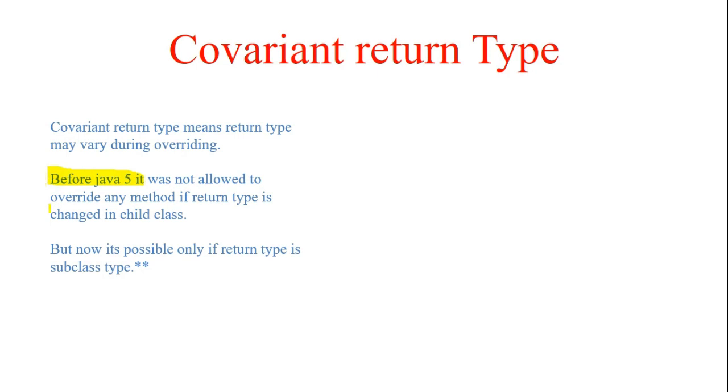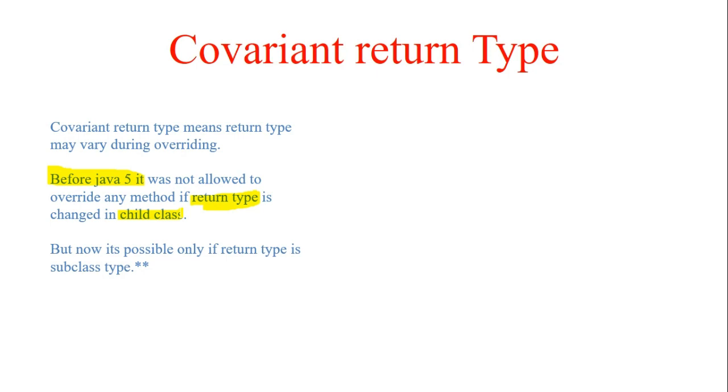So if you are still using Java 5 or before, please don't try to implement covariant return types in overriding, because only after Java 5 can you have a return type different from the parent. But a condition still applies: the return type should be a child class of the return type of the parent.